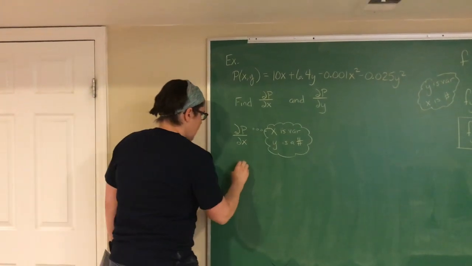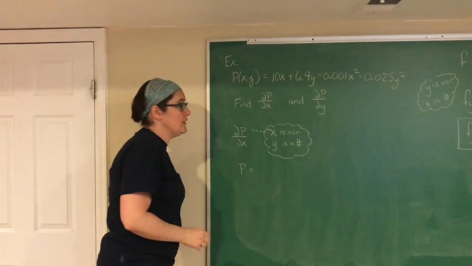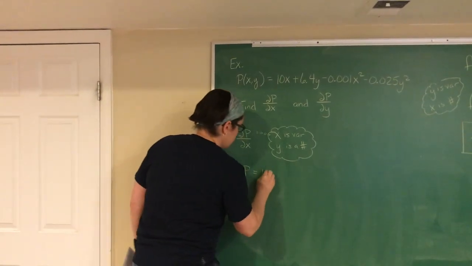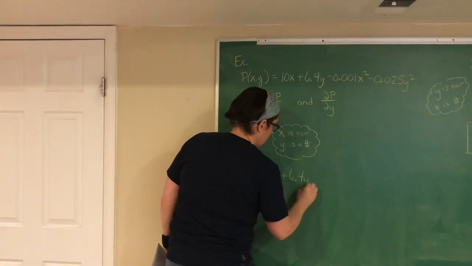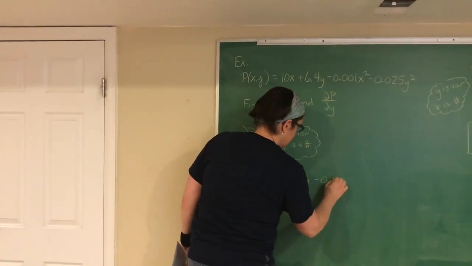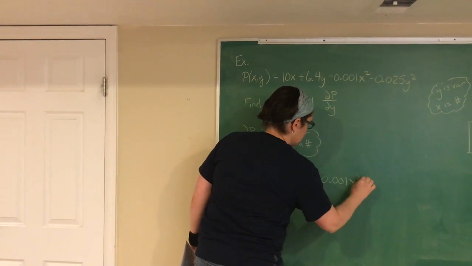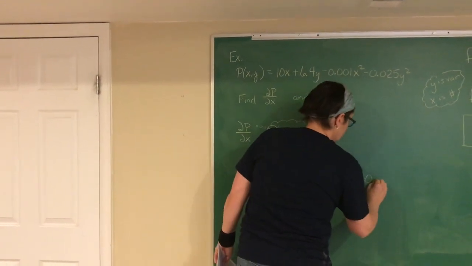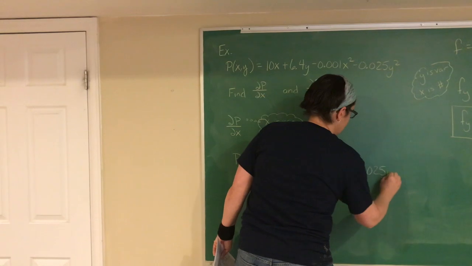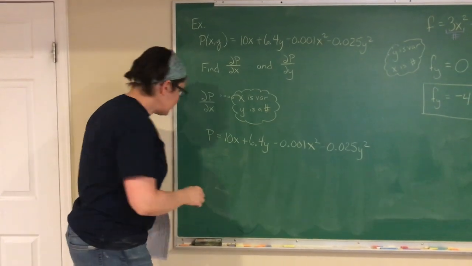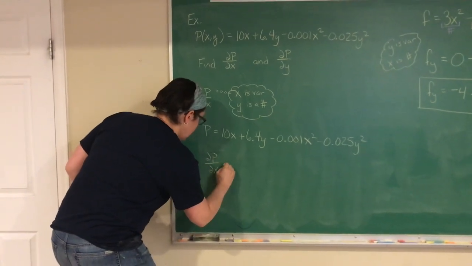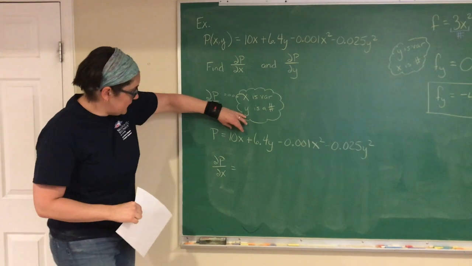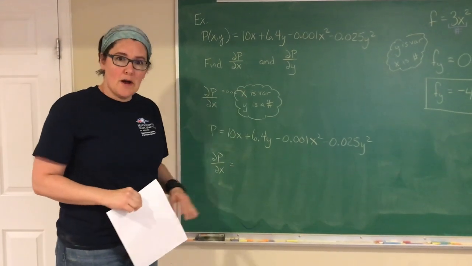Okay, so I like to start by writing down the original function. So p is 10x plus 6.4y minus 0.001 x squared minus 0.025 y squared. So our partial derivative of p with respect to x, x is our variable and y is a number.